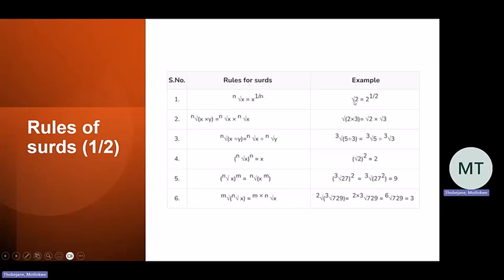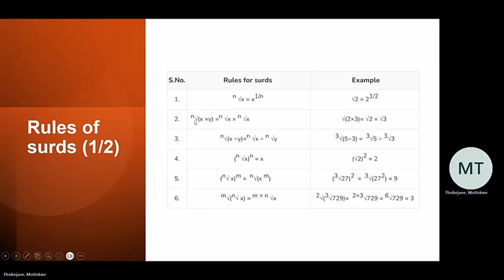We give an example here. The square root of 2 is 2 to the power 1 over 2. When you say square root, we don't write a 2 here, but there is a 2 there because it's a square root. But if it's 3, we'll write a 3 here.